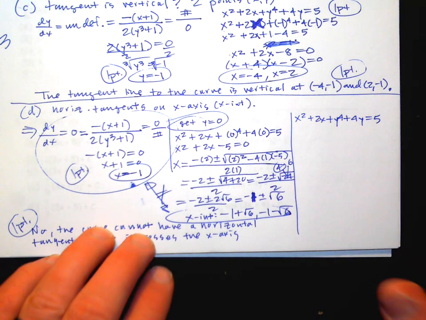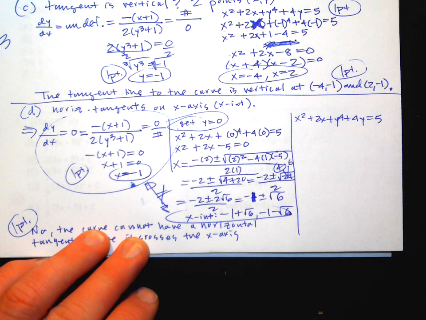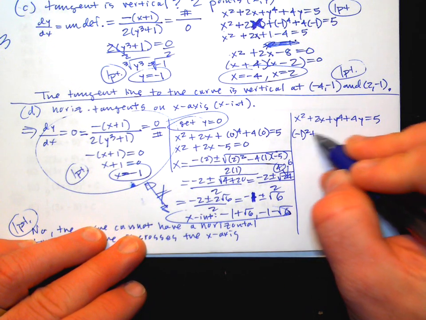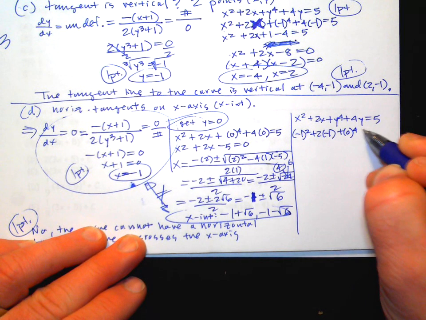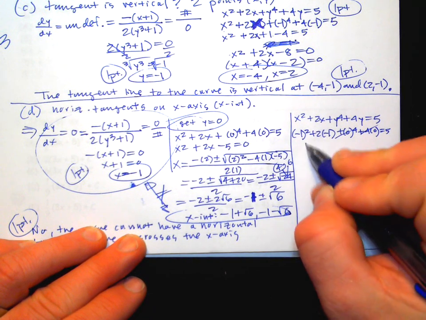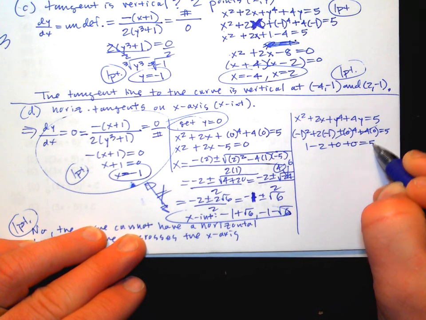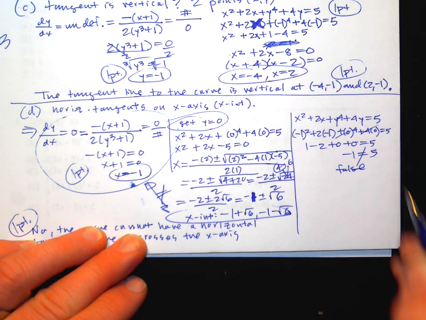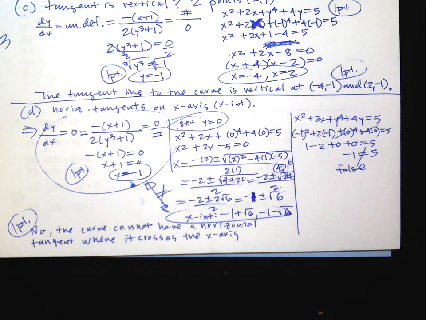If it doesn't, then that xy pair can't be on the curve. If it does, then it is on the curve. So we plug negative 1 in for x and 0 in for y, and we get positive 1 minus 2 plus 0 equals 5. So we get negative 1 equals 5, which is false, which means the point with x coordinate negative 1 and y equals 0 is not on this curve.